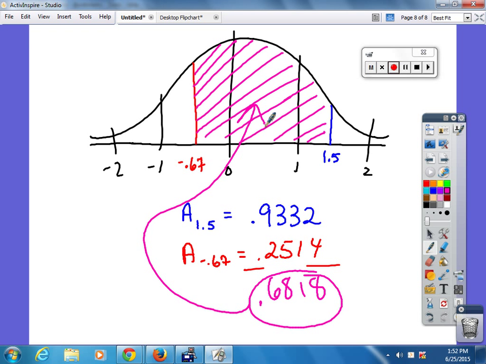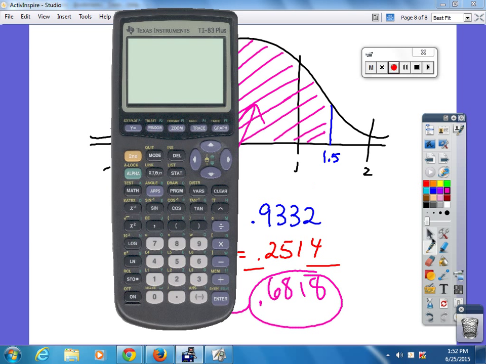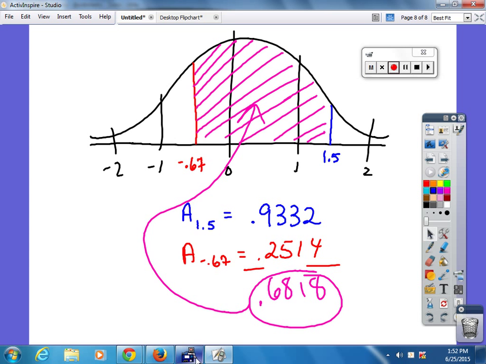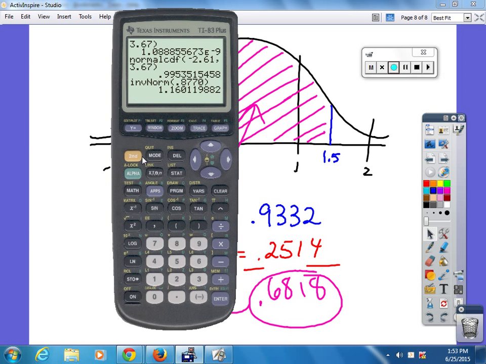So let's check it on the handy dandy calculator. And that's the good thing about the calculator. You don't have to subtract with the calculator. You just punch in from negative 0.67 to 1.5. Second, bars, normal CDF, negative 0.67, comma, 1.5, close parentheses, enter.